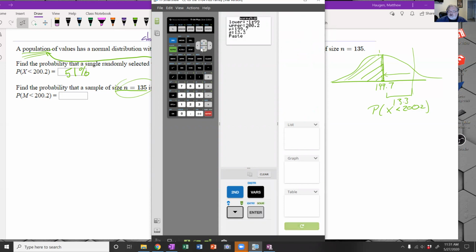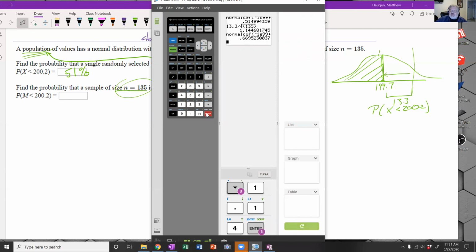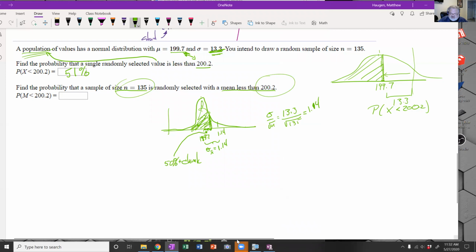Sometimes it's weird because it's almost the same question, except our standard deviation is now our standard error. And that's the whole point of a lot of these questions. They'll ask you the same question twice, but one question will be in the population distribution, and the other question will be in the sampling distribution. The only thing that changes is that standard error, but it makes a big difference. More or less 67%. So that chunk was really big, 67%.